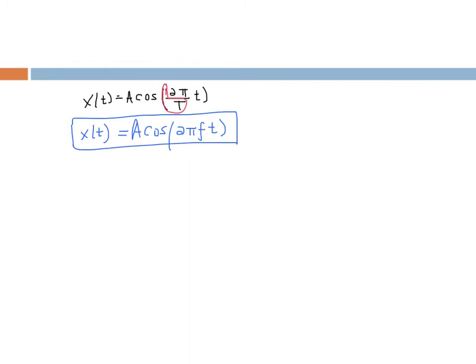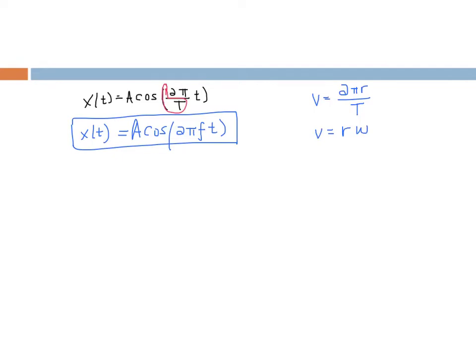Another thing is if you go back to our rotation information, remember that velocity around a circle is equal to 2 pi r, which is the circumference of the circle, divided by period, the time it takes to move around that circle. Well, we also know that velocity is equal to r times angular speed.